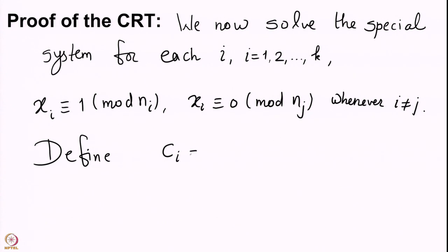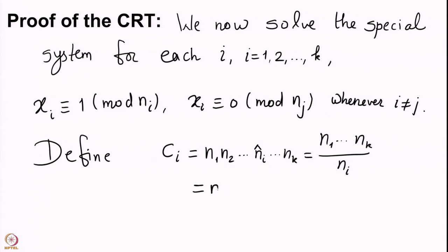Ci to be n1, n2, dot dot dot, ni hat, dot dot dot, nk. Here the hat means we are omitting this particular number. So, what we are doing is taking the product n1 through nk and dividing by ni. Or to make it more precise, we are looking at the product n1 up to n(i-1), n(i+1) up to nk.